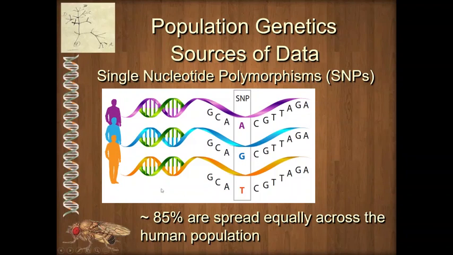However, the remaining 15% show some sort of a demographic signal, meaning that they are different in different areas and maybe even unique to specific areas. And in fact, for people that are doing the DNA testing where you can send a sample of your DNA in and you get results back saying, oh, you're 5% Chinese and 4% African and 3% Eastern European or whatever, they have identified SNPs by looking at indigenous populations.